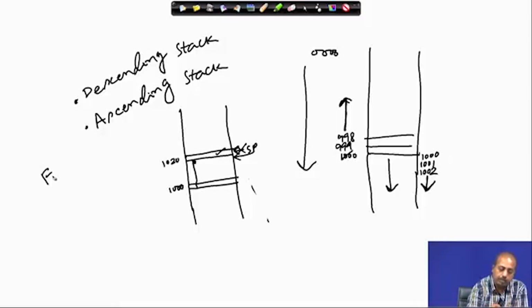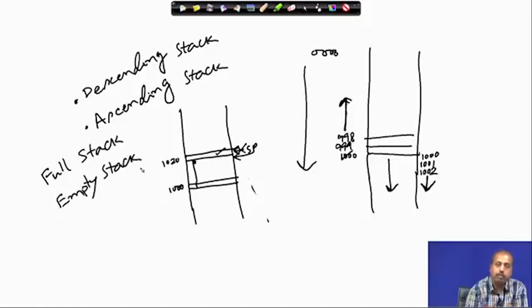So, this way I can have another classification. One is called full stack, and another version is called empty stack. They do not mean that the stack is full or the stack is empty.